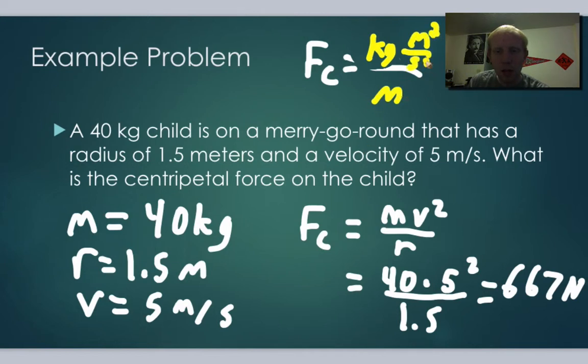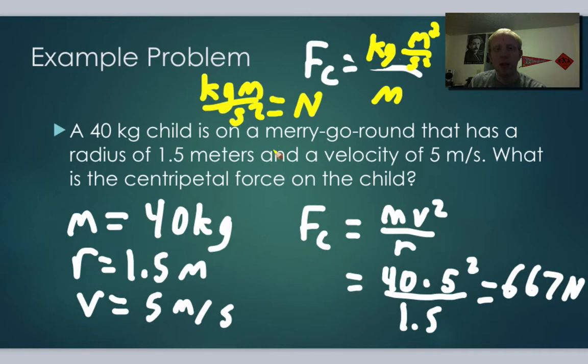One of the meters is going to cancel out. And when it's all said and done, you get kilograms meter per second squared, which makes sense because that's a Newton. So there we go. That's what we were expecting. All right. So again, pretty simple. Just plug in what you know, and you're good to go.